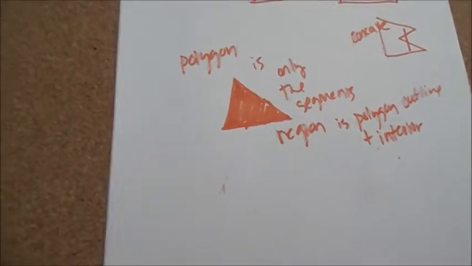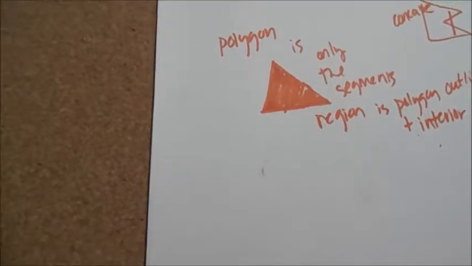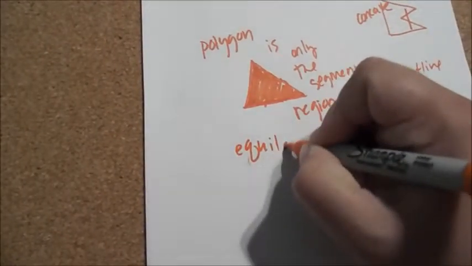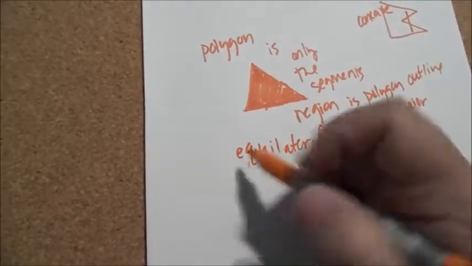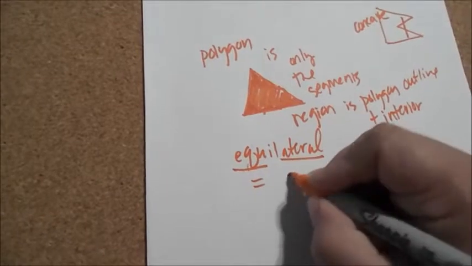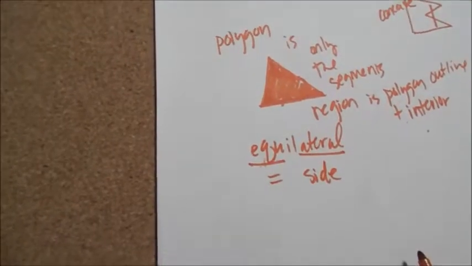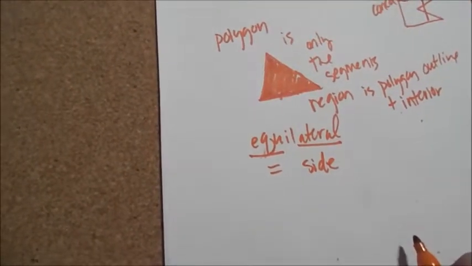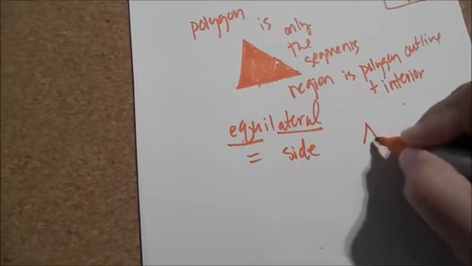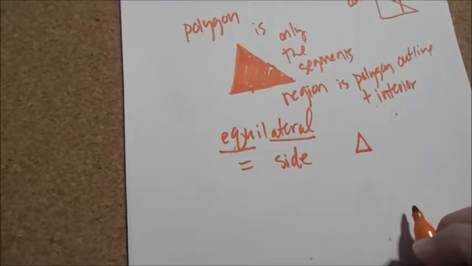Equilateral polygon, a polygon in which all of the sides are equal. Let's just think about this. Equa means equal. Lateral, if you know anything about football, lateral means to the side. So that's where these words come from. So equal-sided. I'm going to draw my best equilateral triangle.